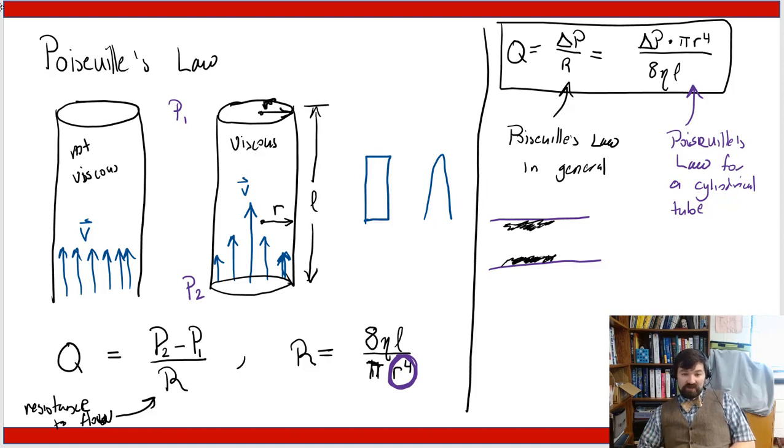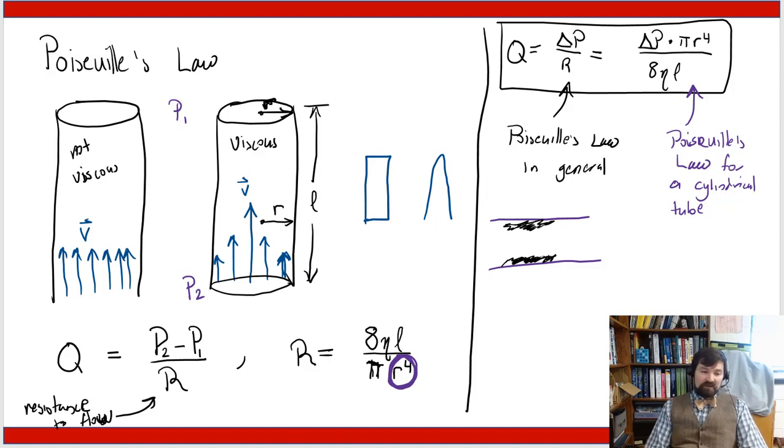That means you only get 65% as much flow for a given pressure. And so your blood pressure then needs to increase by a factor of almost 50%, roughly a 50% increase in your blood pressure to get the same amount of blood flowing through that same artery.